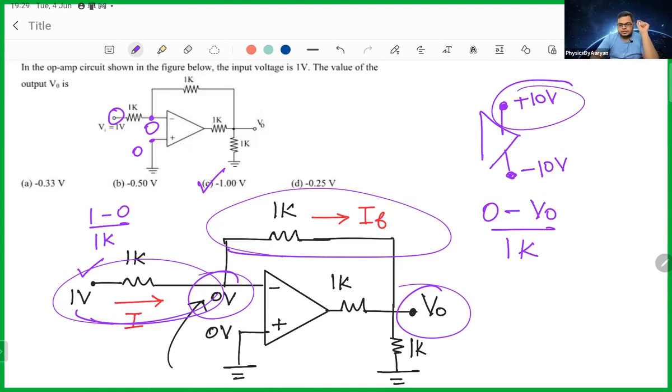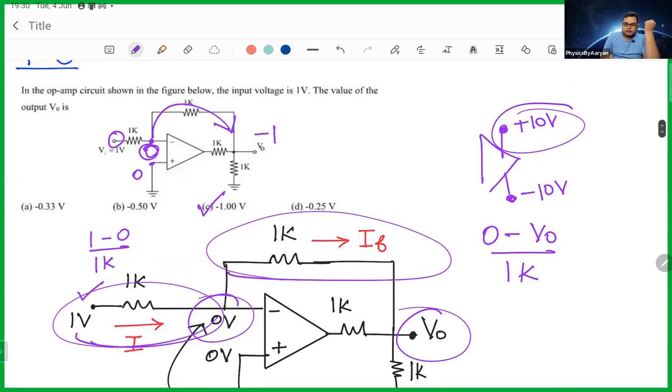Shouldn't the direction of IF be different? But I will use the standard notation. No, the voltage automatically comes. The voltage here is 0 and the voltage here is minus 1. Right. So the current will go from 0 to minus 1, not from minus 1 to 0.